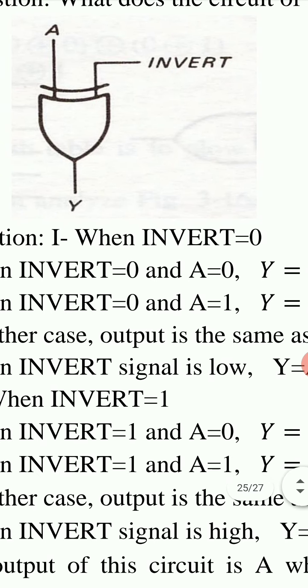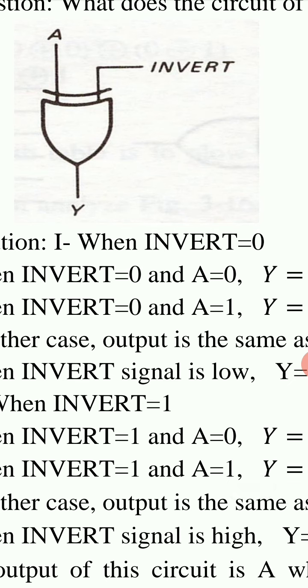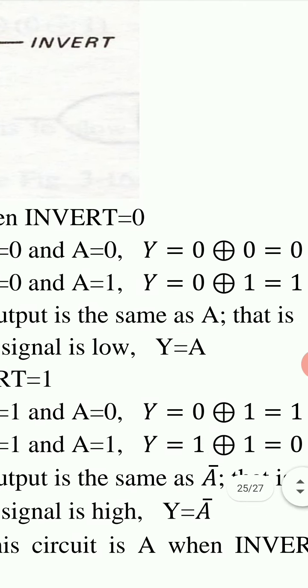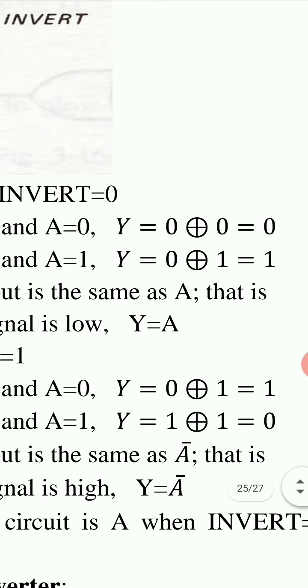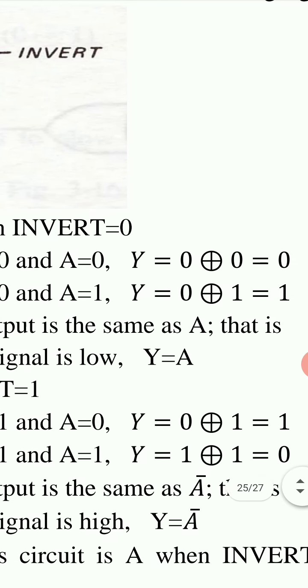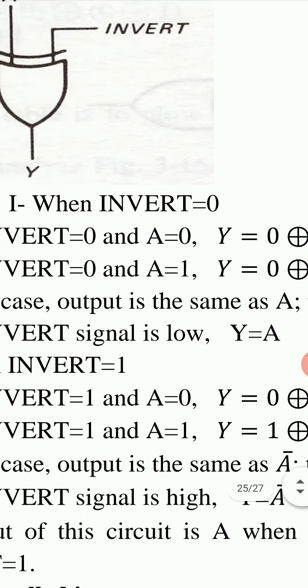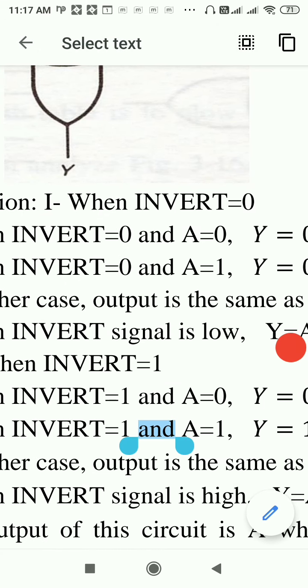So we first take the case when invert is 0 and input A is, once it is 0 and second time it is 1, then we get output Y as 0 XOR 1 equal to 1. So when invert is 0, output Y will be same as A.